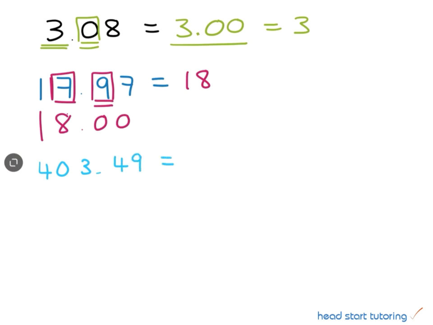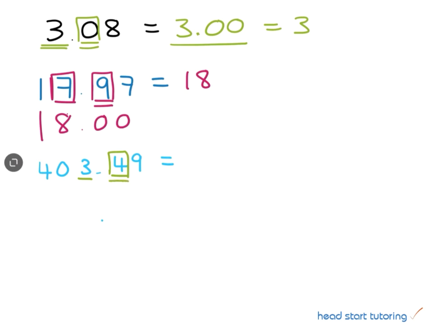Right, if we have a look at the number 403.49, what we need to do is see that the value of our 3 is 3 units, and then we have a look to the right of our 3, which is 4 tenths. This 4 falls in the category 0, 1, 2, 3, or 4.